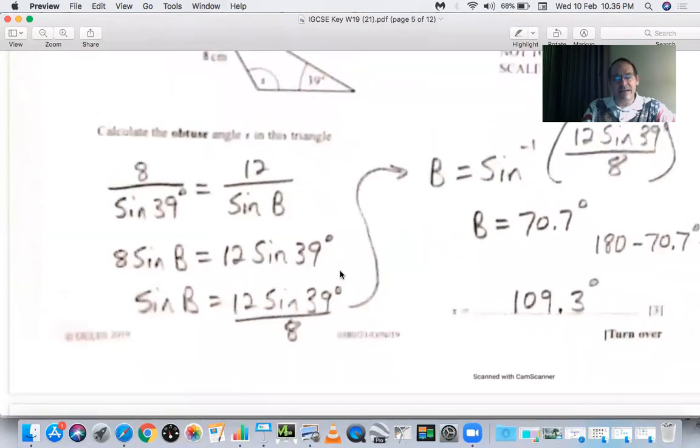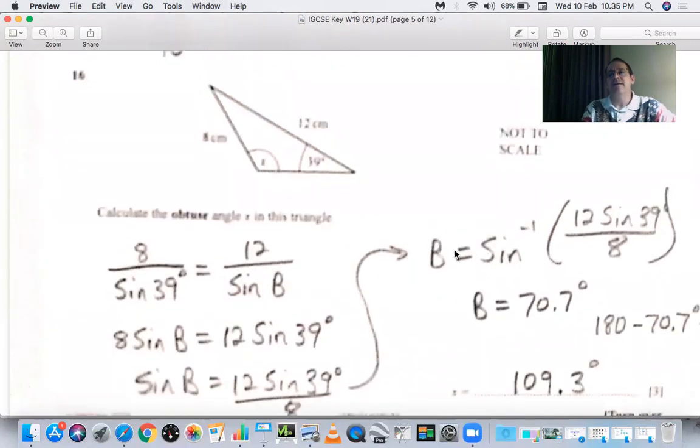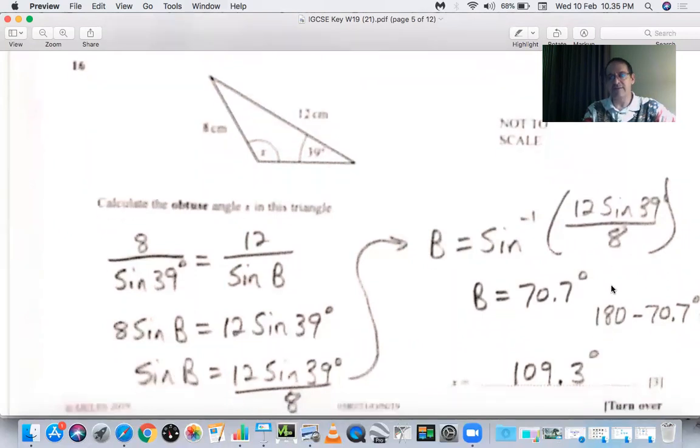And again, make sure your calculator is in degree mode. Cross multiply. So 8 times sine B equals 12 sine of 39. Then divide by the 8 to get sine B by itself. And then we want to get the angle B here, so we inverse sine both sides. So the inverse sine of 12 sine 39 over 8.